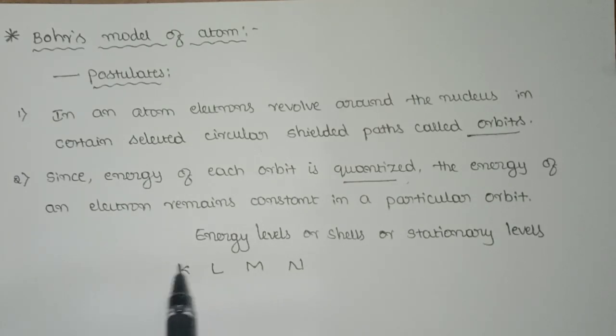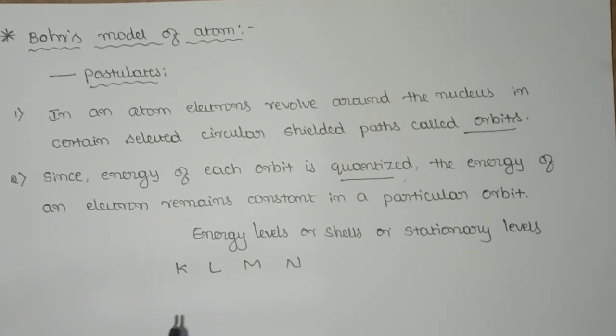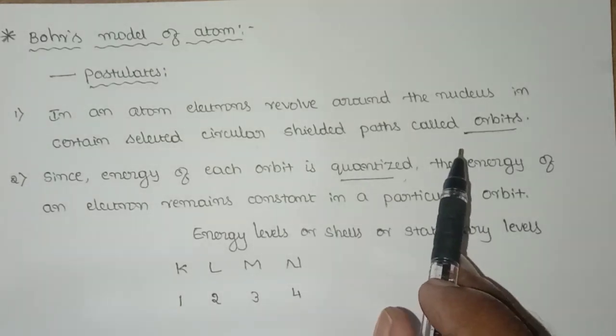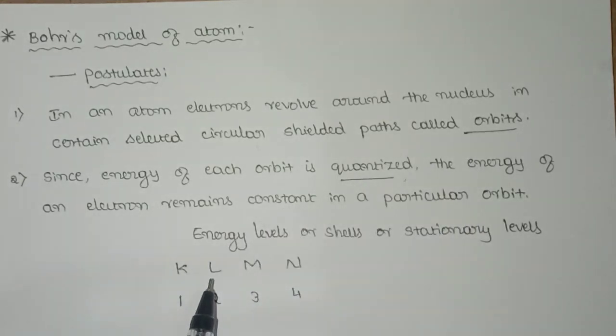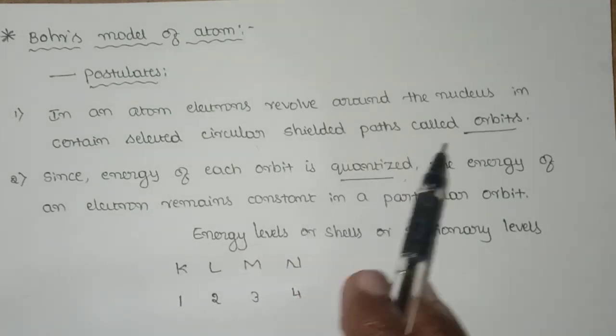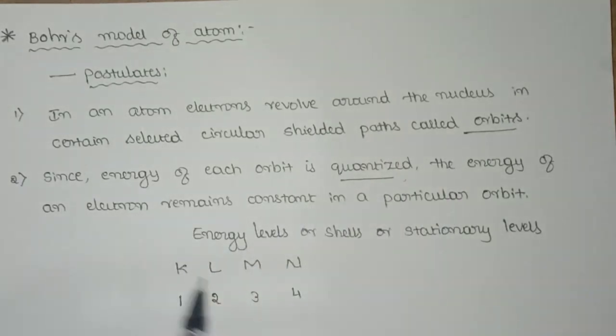So the K shell, which is present nearest to the nucleus, is given the number 1, and the L shell is given 2, then 3, 4, and so on. Like this, the symbolization has been made for the orbits in which the electrons are revolving around the nucleus. And as I said, the energy of the orbits in which the electrons are revolving around the nucleus is constant.